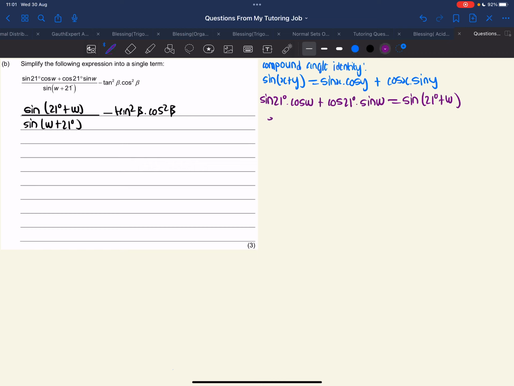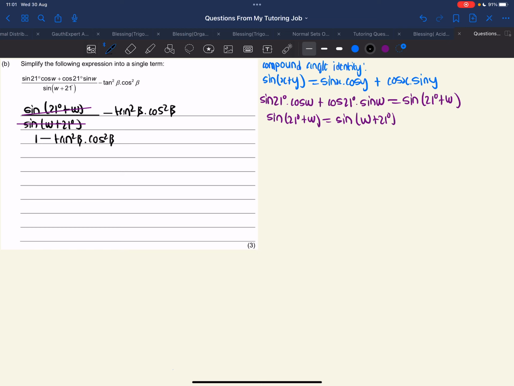Can you see that sine of 21 degrees plus w is the same as sine of w plus 21 degrees? It's the same thing, so I can cancel those two, and it's going to be 1 minus tan squared beta multiplied by cos squared beta.